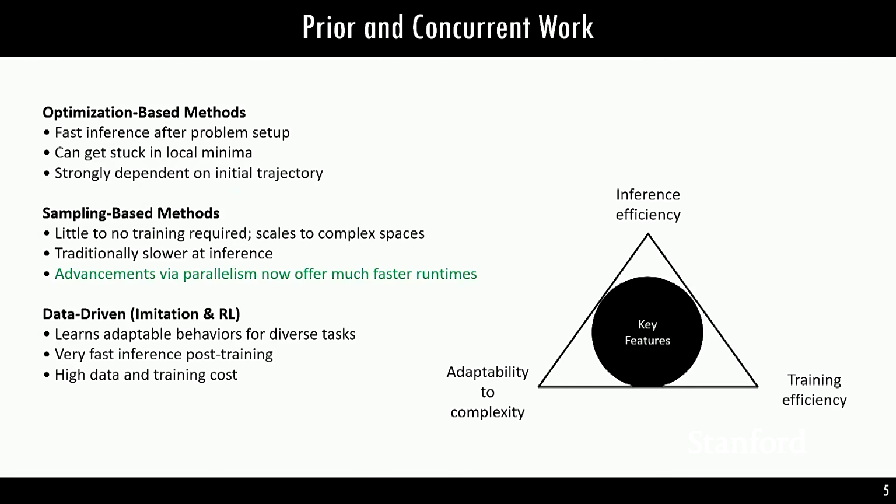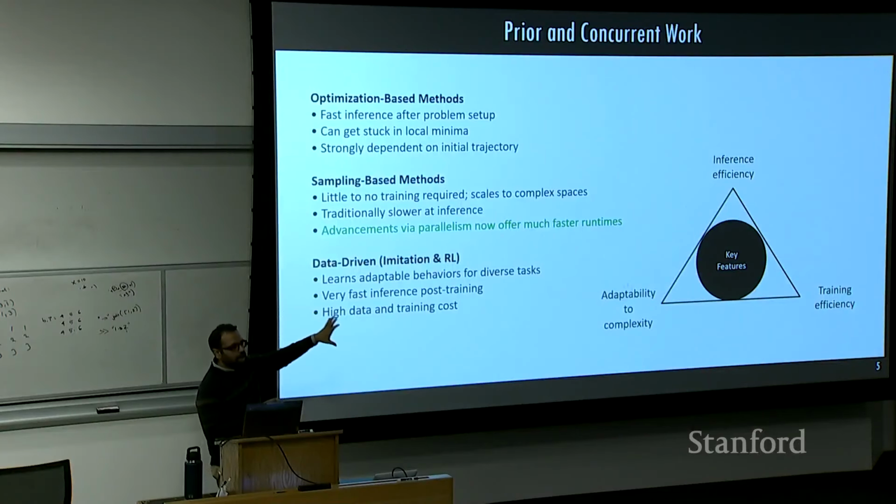Then we have data-driven approaches like imitation learning or reinforcement learning. We know they have very low training efficiency, but once trained, their inference efficiency is very high, and they also adapt to very complex scenarios. But can we have a method that has all three features? I have mentioned all these three categories, and they were missing one or more of those features.